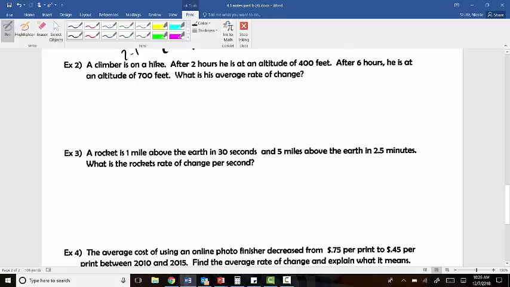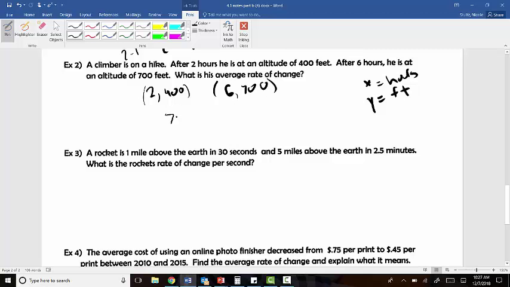So number 2, climbers on the hike after 2 hours. So X right away is going to be hours. He is at an altitude of 400 feet. So Y is going to be your height, which is in feet. So I would right away pair up 2 with 400. And then it says 6 hours, he's 700 feet.